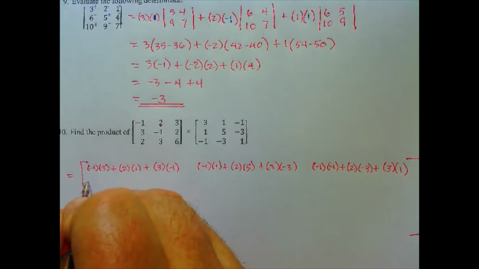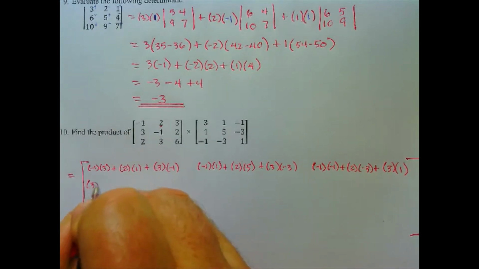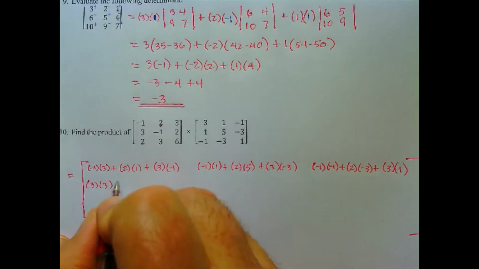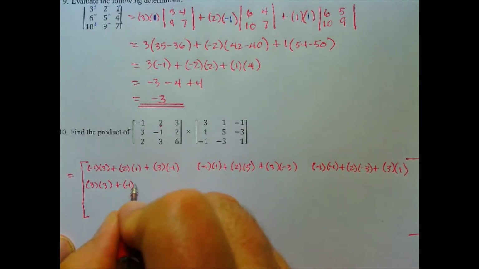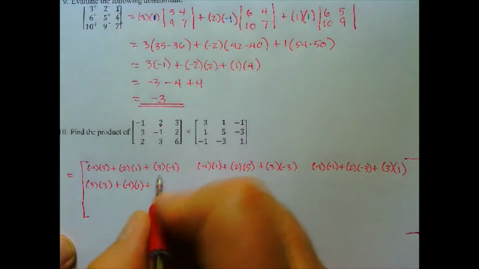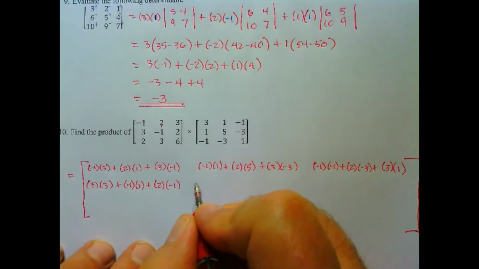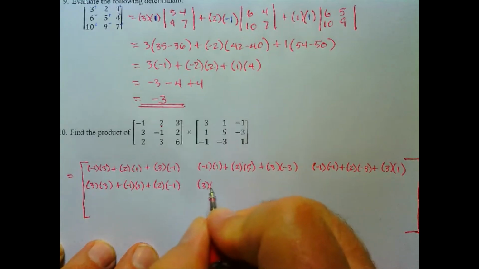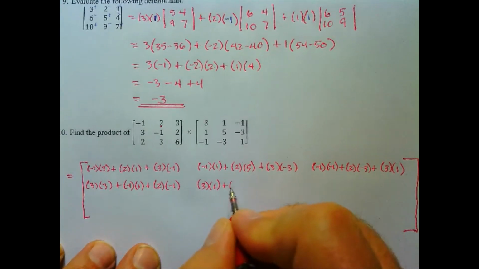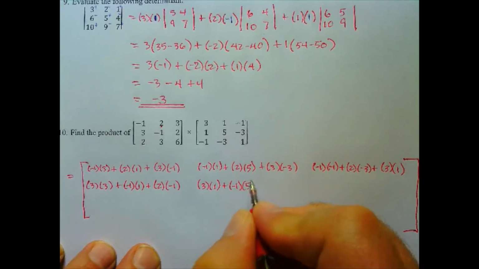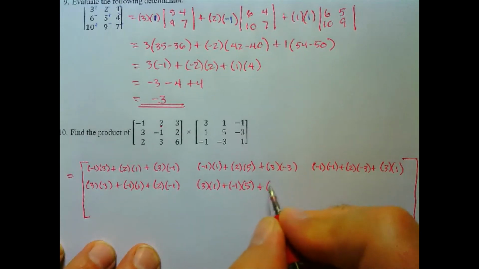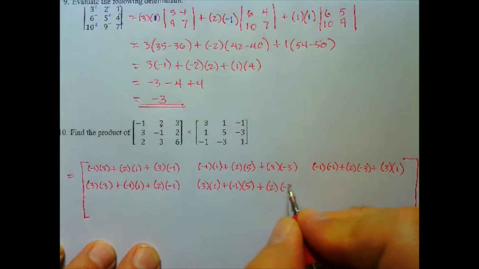Now we'll use the second row times the first column. And so we have 3 times 3 plus -1 times 1 plus 2 times -1. And then we'll have 3 times 1 plus -1 times 5 plus 2 times -3.